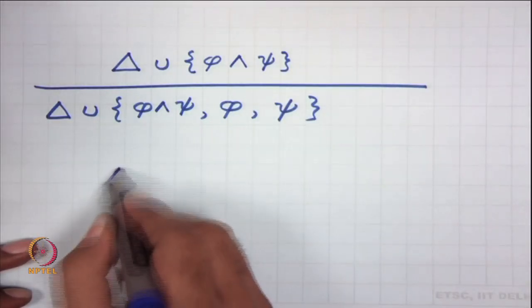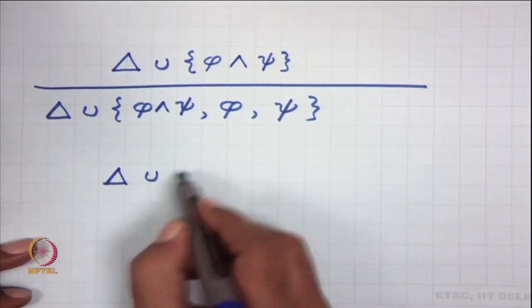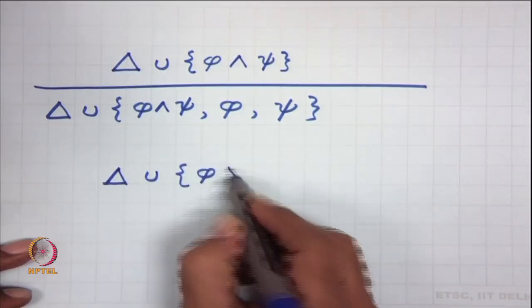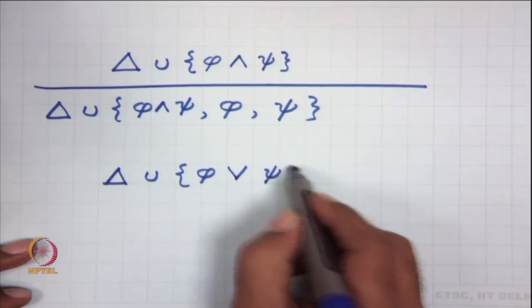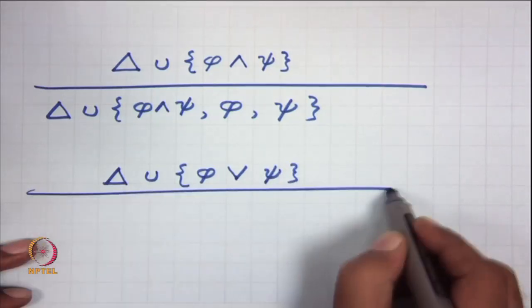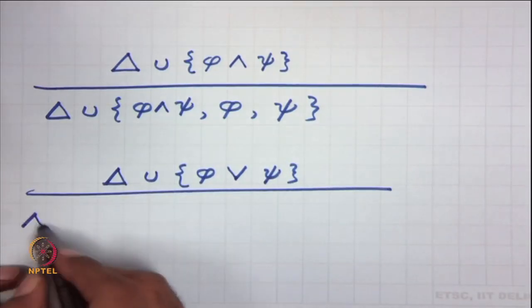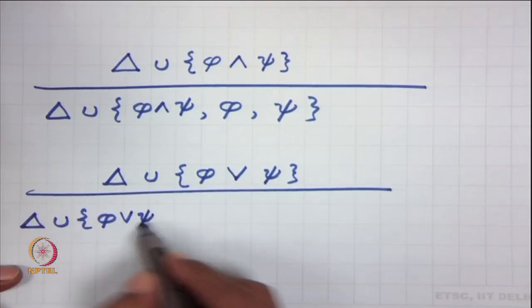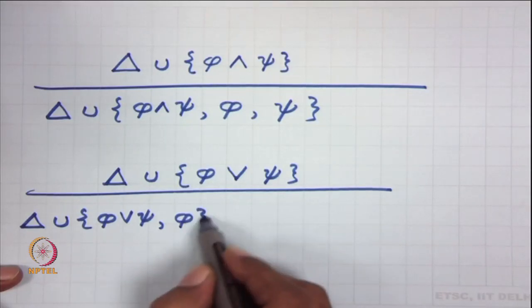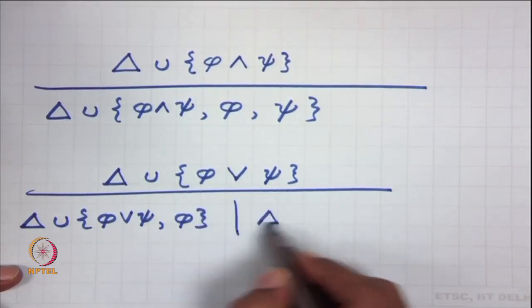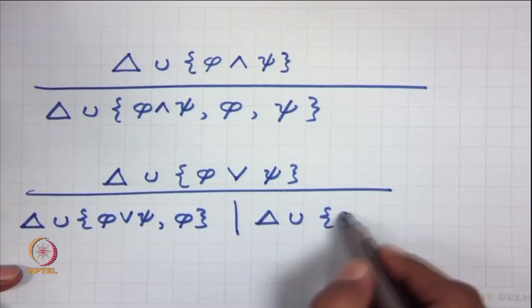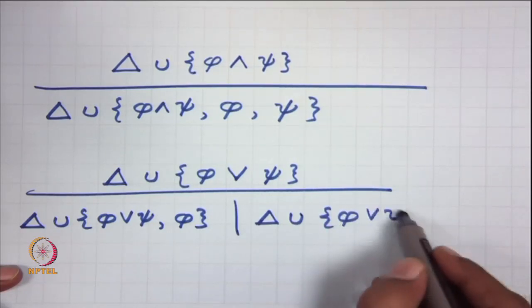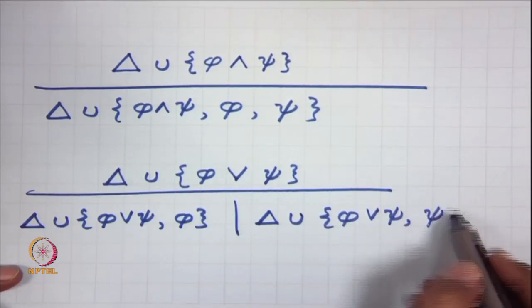In the case of a branching rule, if I had phi or psi, I think of this as delta union phi or psi and I include phi, and delta union phi or psi and I include psi.